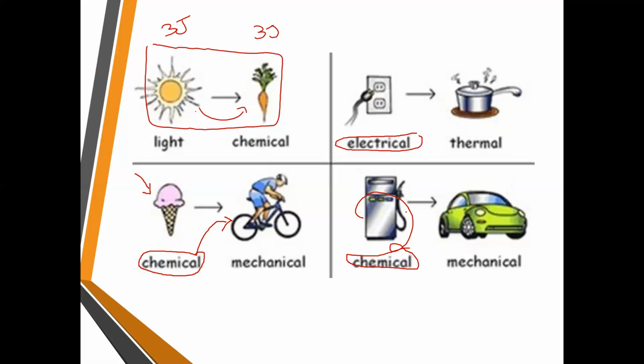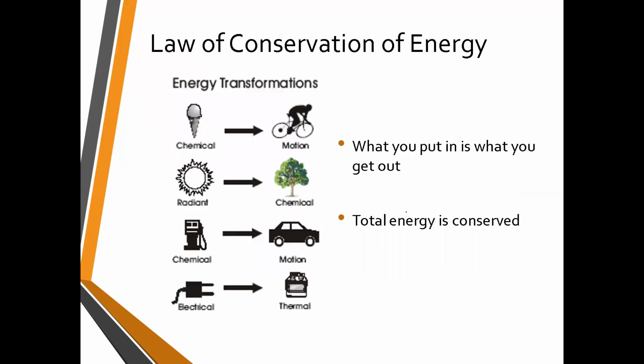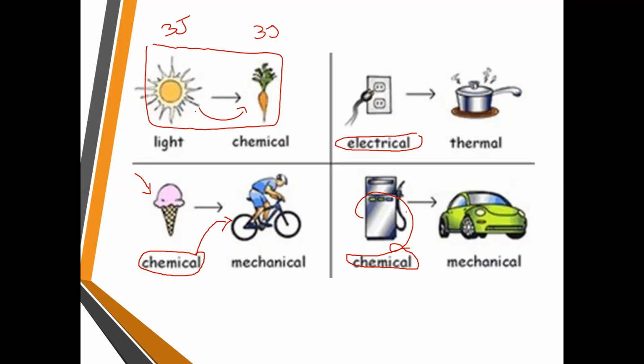When you give petrol to the car, it makes the car start and move, making its mechanical energy. So these are examples of how energy is converted from one form to another. But the energy cannot be destroyed, cannot be added, and there is no loss in the energy. The same energy that comes in is the same energy that comes out.